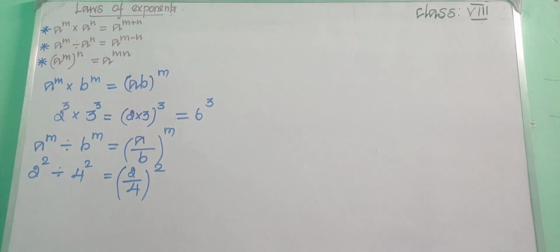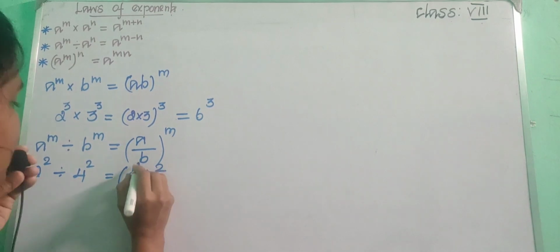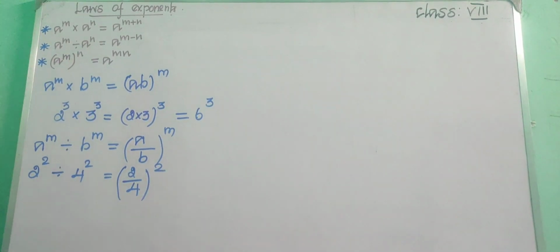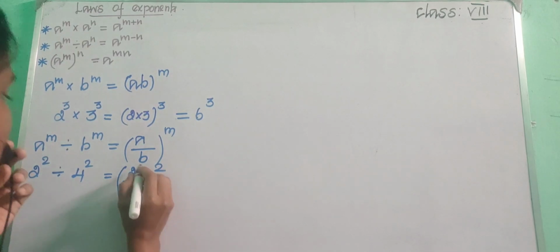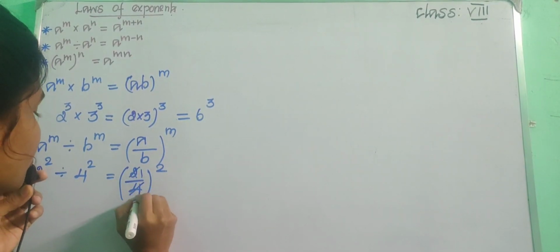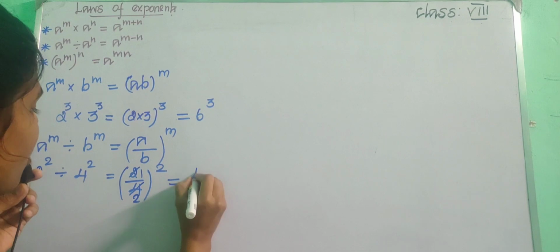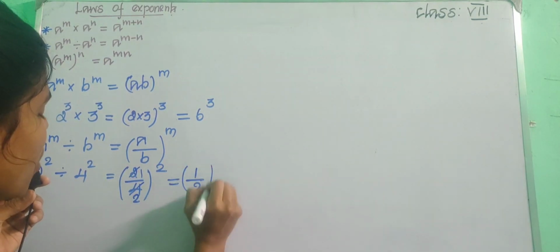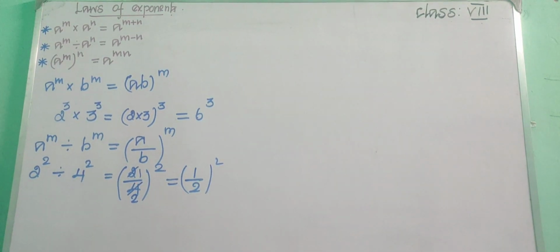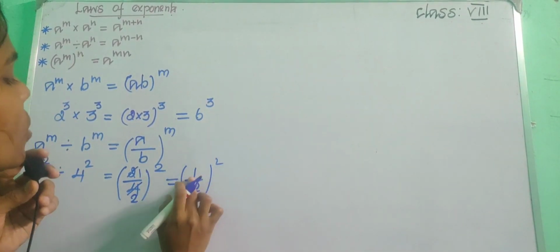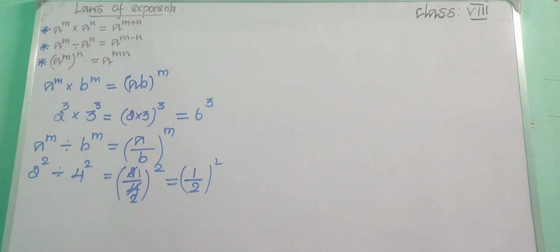Now what can we do? We can strike out the numbers in the brackets. Here it is 2, here it is 4. So we can cut this by using the 2 table. 1 2 is 2, 2 2s are 4. So now we got 1 by 2 the whole power 2, which means 1 power 2 by 2 power 2.